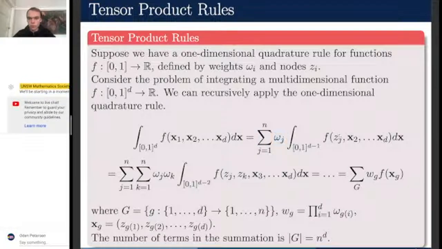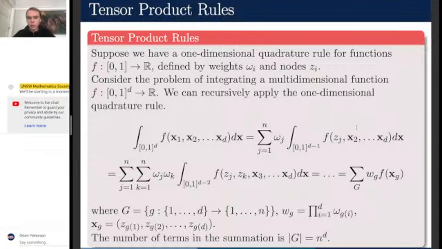We have the nodes in 0 to 1 and the weights of the quadrature, and we assume that we can evaluate this integral here. We sum up a bunch of different versions of this integral with different fixed values in this spot here. If we do that, we're able to reduce this d-dimensional integral to a d-1 dimensional integral.